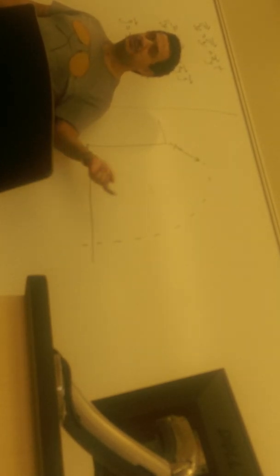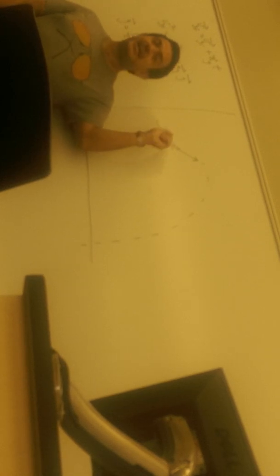Motion under the influence of gravity. So if you shoot your physics professor and he does not have a jetpack, that's called projectile motion. If the physics professor has his jetpack, then we use 8 equations. If you made sure I don't have a jetpack as you threw me off, then this is called projectile motion.